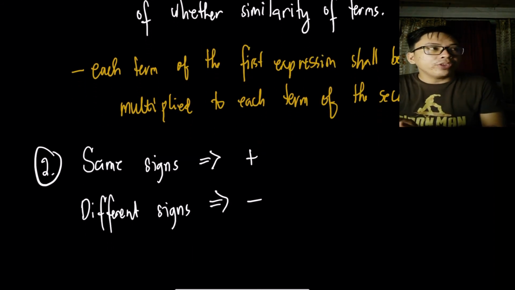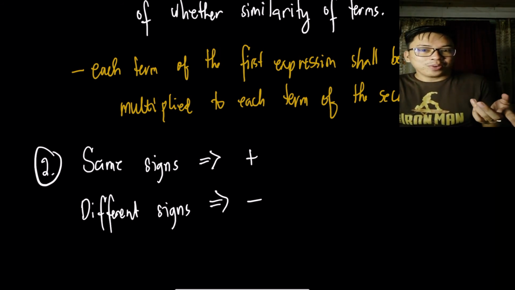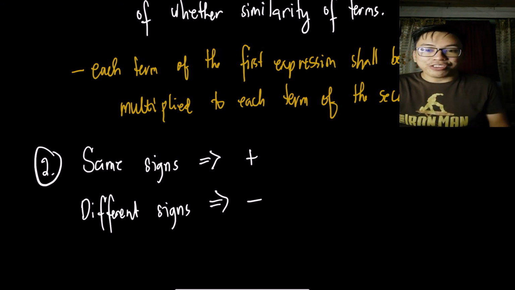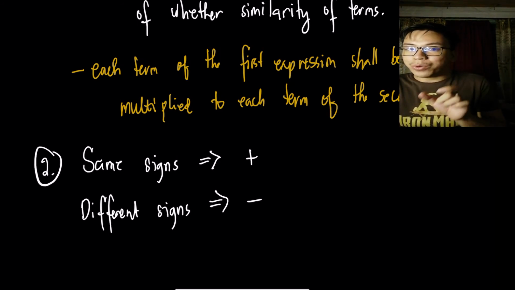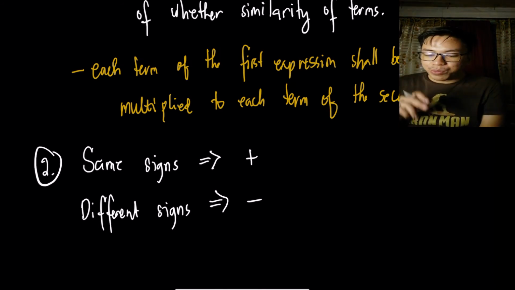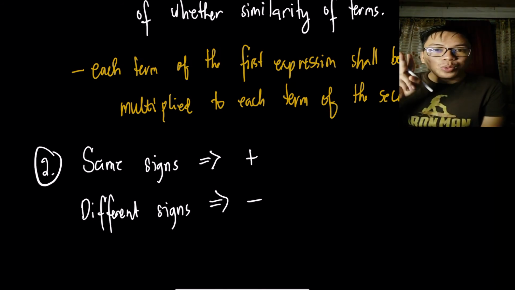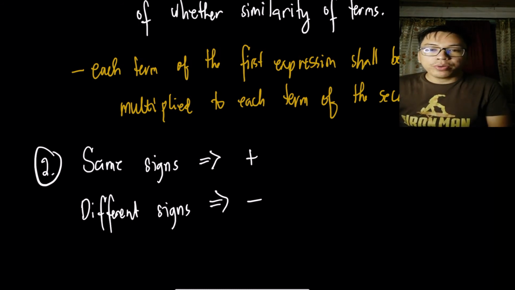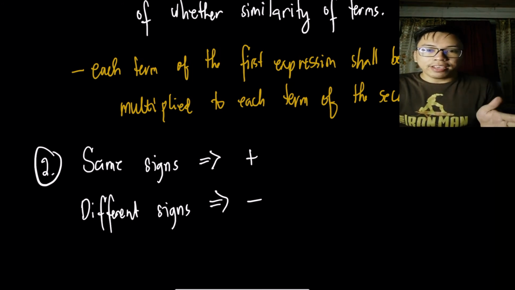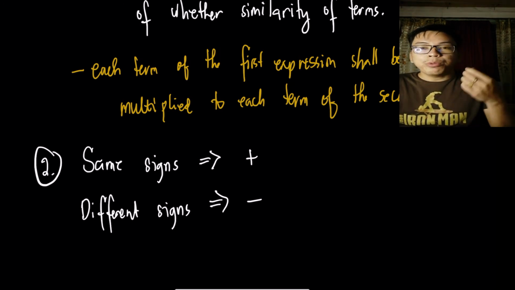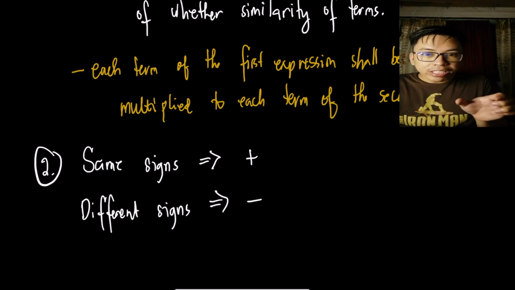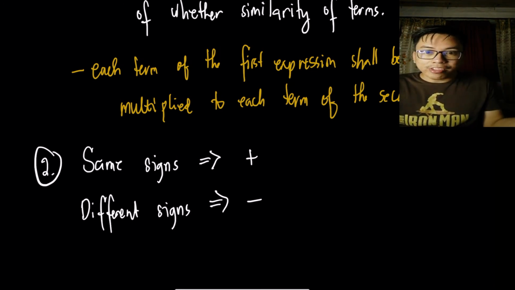So let's say, for example, if you have same signs, there are three terms. That's a different story, which I can provide another explanation for later when we're actually doing examples. But in this case, when I say same signs, I'm only referring to two terms. Different signs, I'm also referring to two terms. So if you multiply positive and negative, the result is negative. When you multiply positive and positive, you get positive. You multiply negative and negative, they're the same signs, so although they're negative, the result is positive.